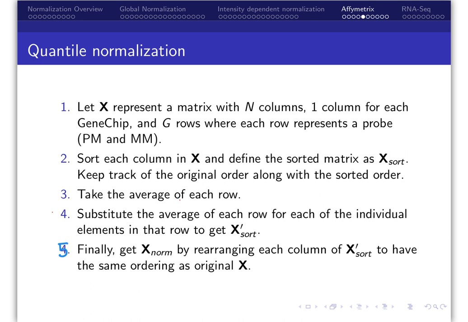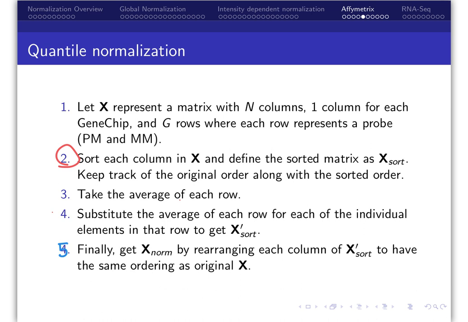To carry out quantile normalization for n gene chips, first let X represent a matrix with n columns representing samples, where each sample is in one column, and G rows, where each row represents a probe, that is, a perfect match or mismatch. Sort each column of X and define the sorted matrix as X sort.